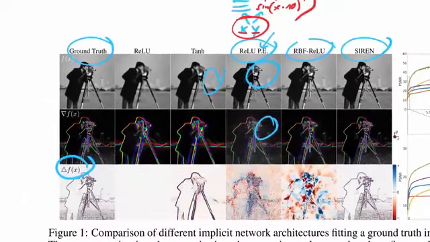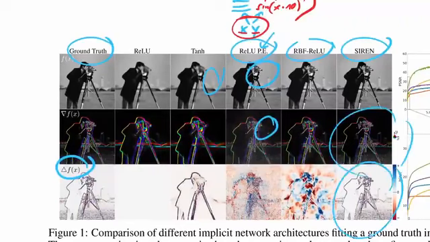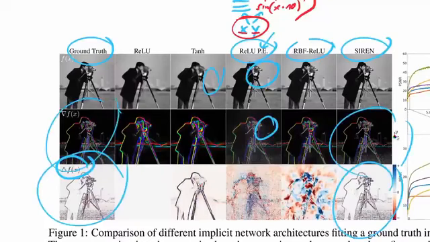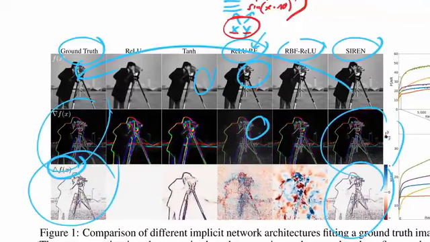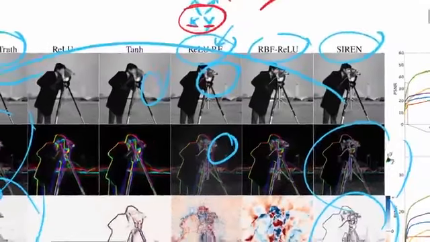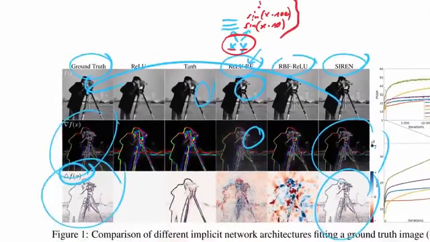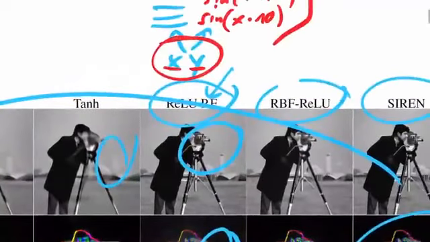And here the Siren, even though it's trained on the image itself, you can see that its derivatives are very much in line with the original signal. So simply by matching the signal, this architecture manages to also capture the derivatives of the signal and therefore have a more faithful representation. Okay, so that was positional.